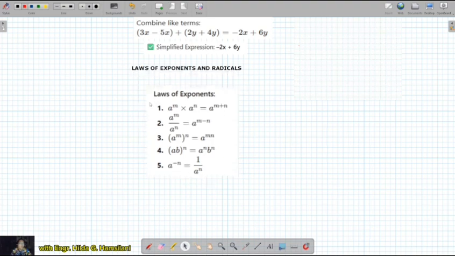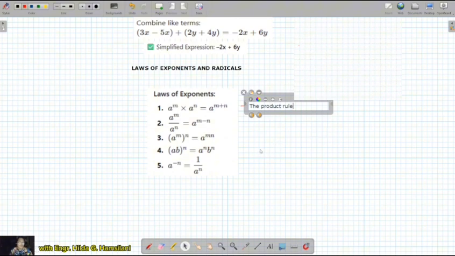First law of exponents, this is what we call the product rule. The product rule is multiplying powers.